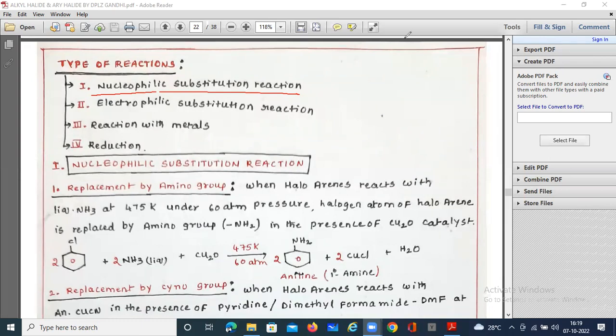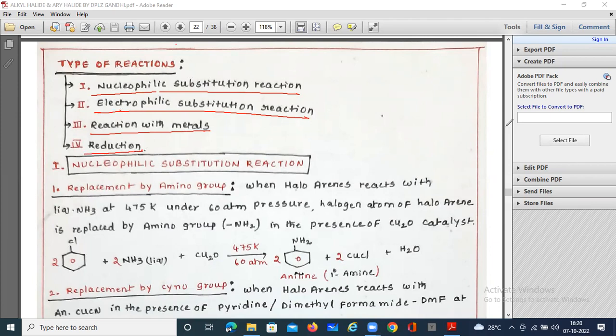So what I am saying is that in the previous topic we already learned the properties of alkyl halide, like the nucleophilic substitution reactions, SN reactions. Here there are, in addition, electrophilic substitution reactions, reaction with metals, as well as the fourth one, reduction.